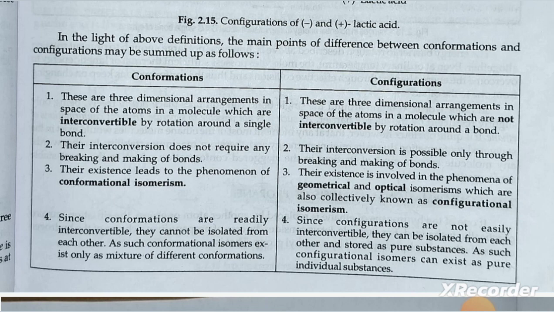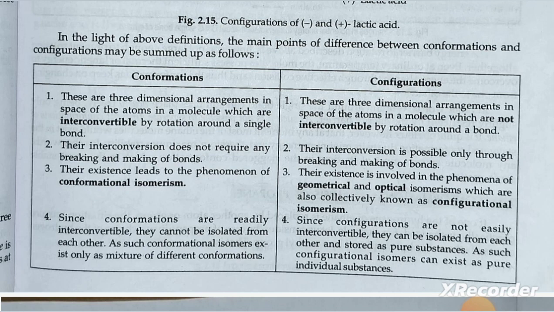Third, the existence of conformations leads to the phenomenon of conformational isomerism, and the third difference is that the existence of configurations is involved in the phenomena of geometrical and optical isomerism, which are also collectively known as configurational isomerism. Then the fourth difference is, since conformations are readily interconvertible, they cannot be isolated from each other.